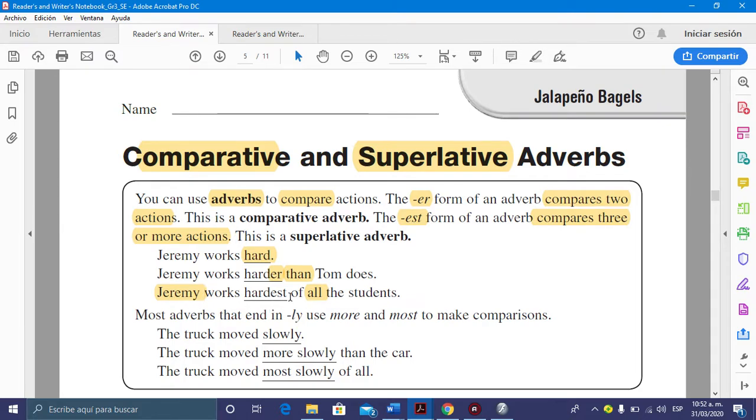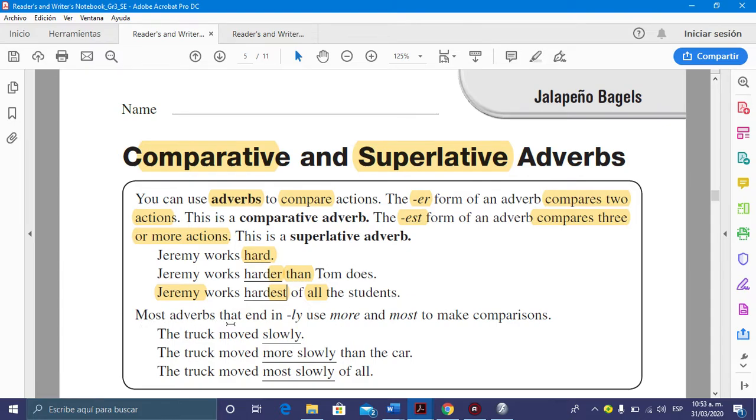Jeremy works hardest. And when you use est, that is superlative. So remember, for superlative, you have to add est. And for comparative, you have to add er. This is the same as the last presentation. You already know how to form comparative and superlative. Okay?